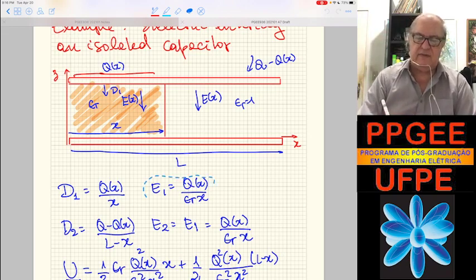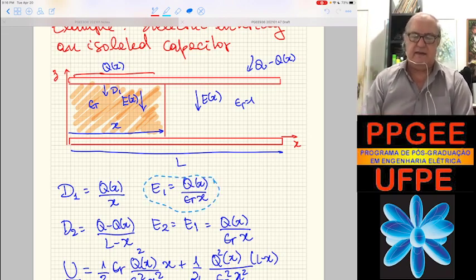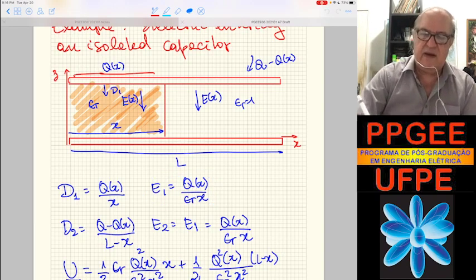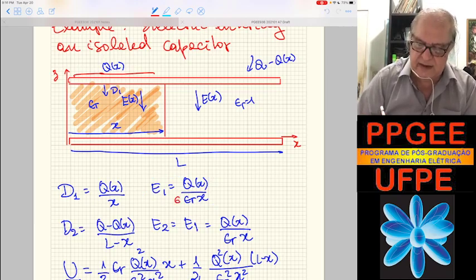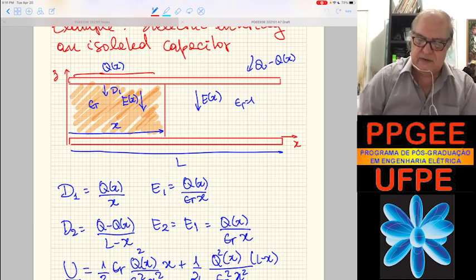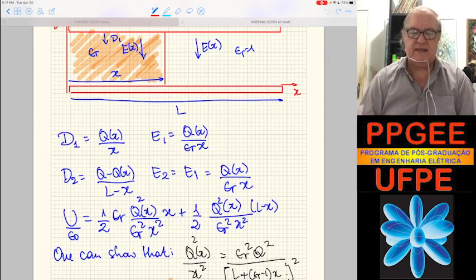So the field on the first dielectric is D over epsilon. Rigorously, you have an epsilon 0 here, right? But I'm omitting that to avoid clutter. Just forget the epsilon 0.